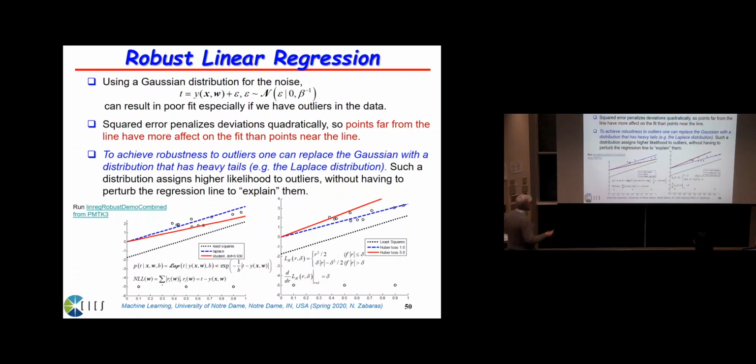And what distributions do that? If you use a Laplace likelihood or a Student t likelihood, you can see, even though you have outliers, the regression function doesn't change very much. Okay? So these other methods are more robust to the outliers.